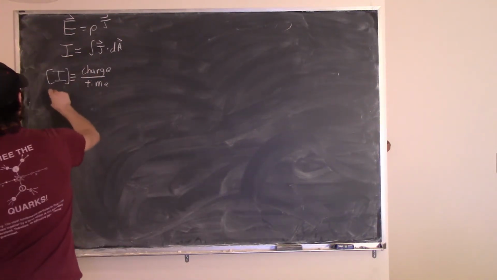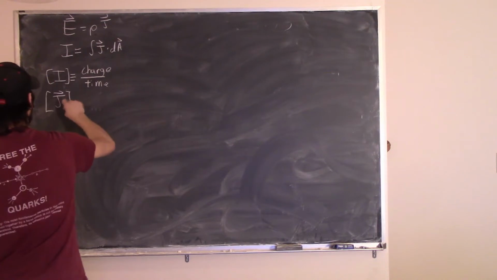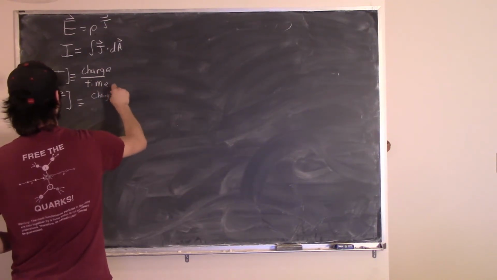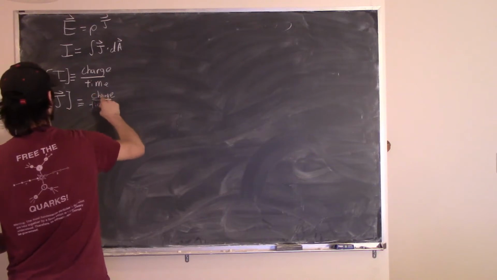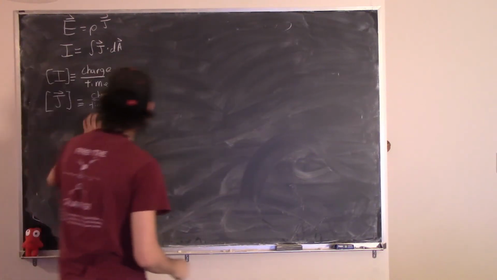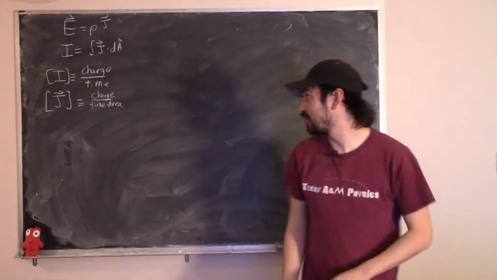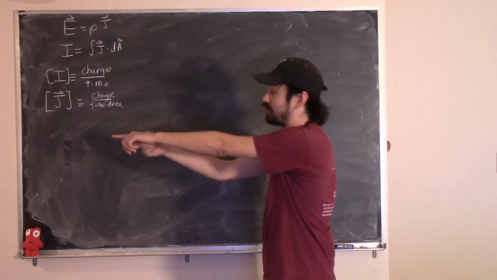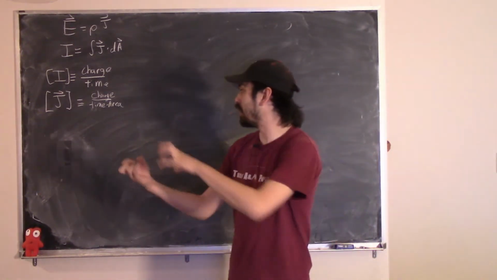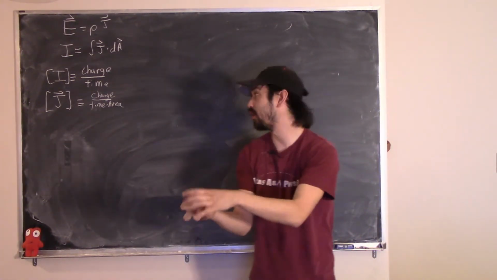The current density, which is a vector quantity, has units of charge per time times area in the denominator. And so what the current density really tells us is, one, it tells you some direction, right, because it's a vector. And it also tells you what the concentration of charge is that's flowing.